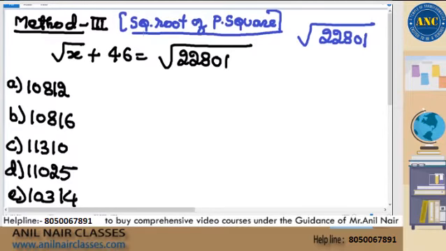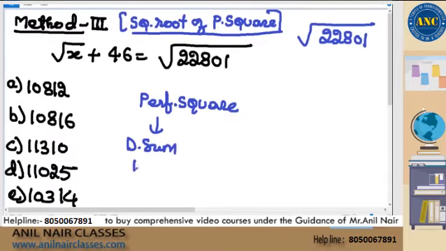How will we come to know whether the number is a perfect square or not? Already I discussed in Speed Max. I will repeat it. Every perfect square will have digital sum 1, 4, 7 or 9.